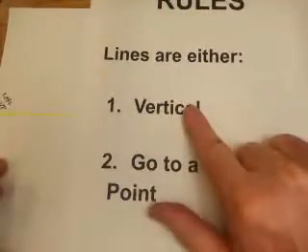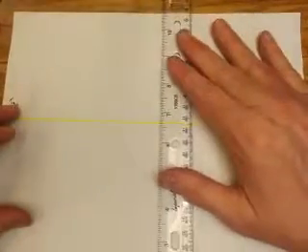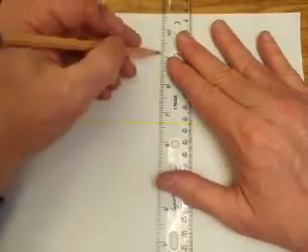And so going back to our rules, my lines are either going to be vertical, or they need to go to a vanishing point, and this is what I mean. They're going to go to either a dot here on the left side or a dot here on the right side.